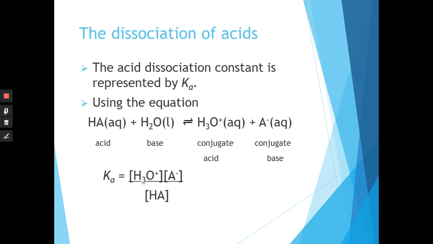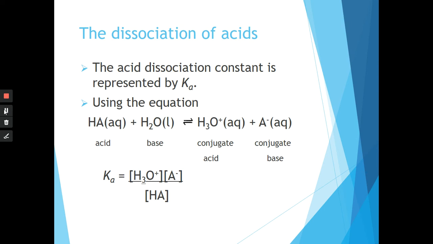Right, we have been looking at dissociation constants for water, and we know that Kw equals whatever's on the right-hand side of the equation over whatever's on the left-hand side. Now we're going to look at the dissociation constant of an acid. Again, it's not just K because it's the dissociation constant we're looking at, okay?